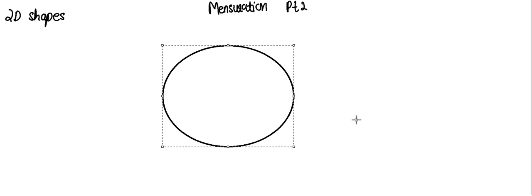Okay, so let's start. Whenever we look at a circle, we know one thing for a fact: circles don't have sides. So it's not easy to calculate the perimeter of a circle. But in order to find the perimeter of a circle, there is another thing that we have invented, or perhaps discovered, that's called circumference.